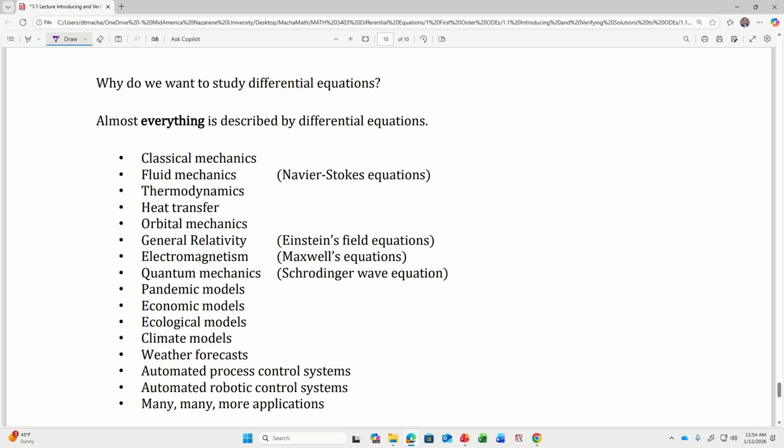Especially with regard to invasive species that get newly introduced to an area. People rapidly try to jump on ecological models and try to predict what's going to happen to the other species if they do or don't take appropriate action. Climate models, obviously differential equations, weather forecasts, all just differential equations. Process control, whether you're doing robotics or chemical plants.